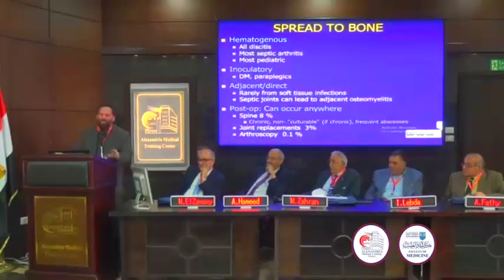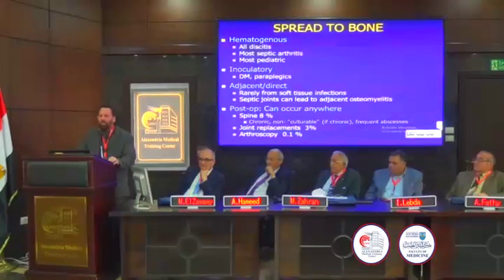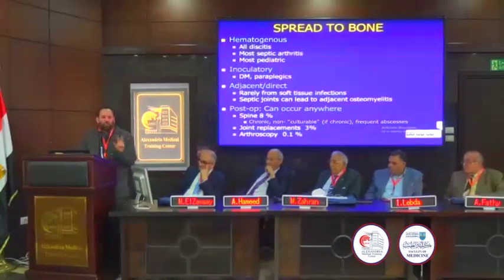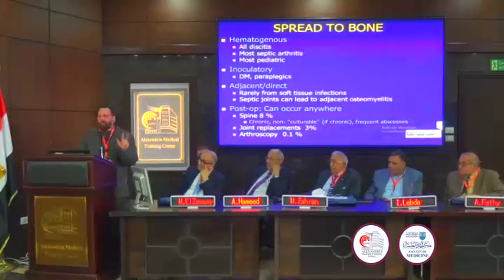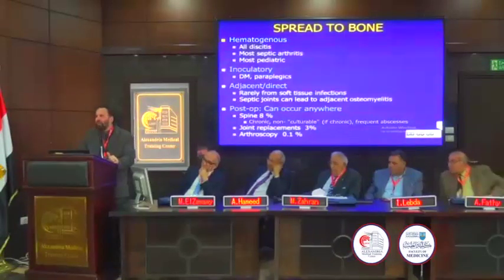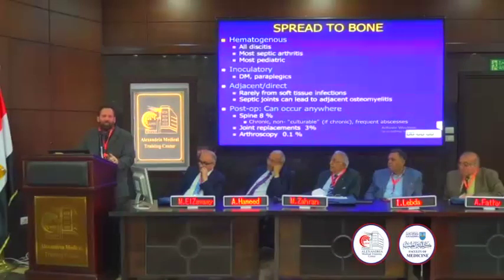Okay. How do infections get to bone? Hematogenous pathways, inoculatory pathways, adjacent spread, or iatrogenic. Hematogenous pathways are 3 categories of infections, and only 3: almost all cases of discitis, almost all cases of septic arthritis, and almost all pediatric infections.